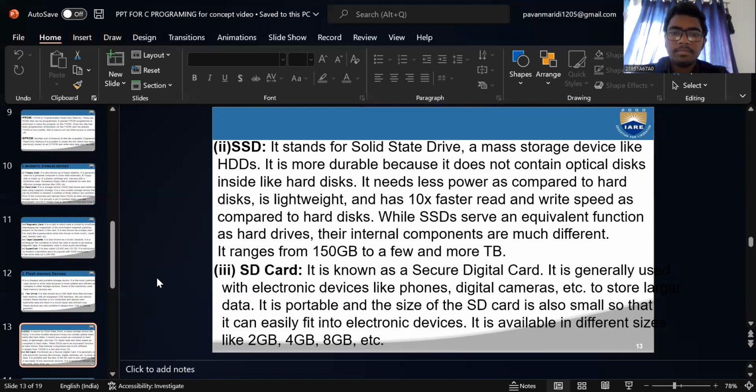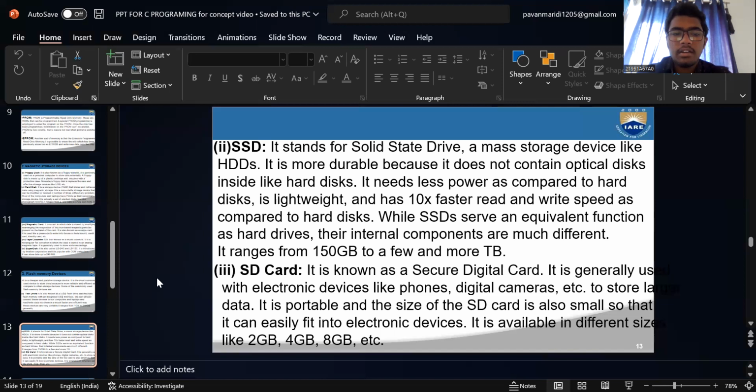It needs less power as compared to hard disk, is lightweight and has 10 times faster read and write speed as compared to hard disk. While SSDs serve an equivalent function as hard drives, their internal components are much different. It ranges from 150 GB to a few and more terabytes.